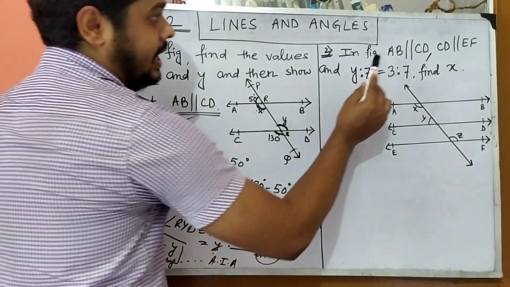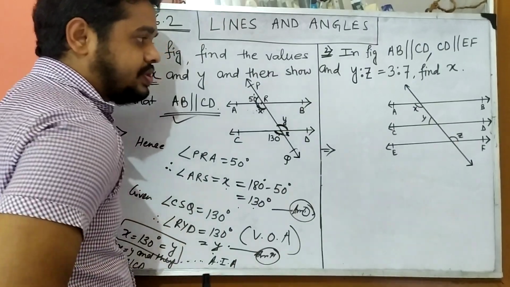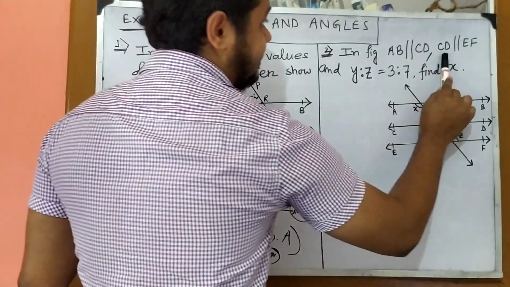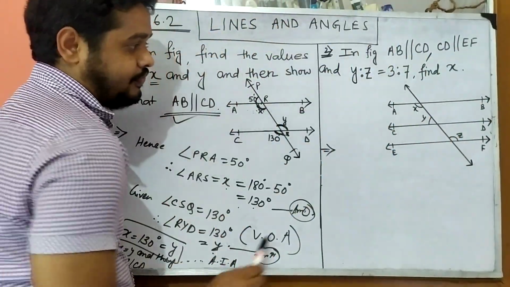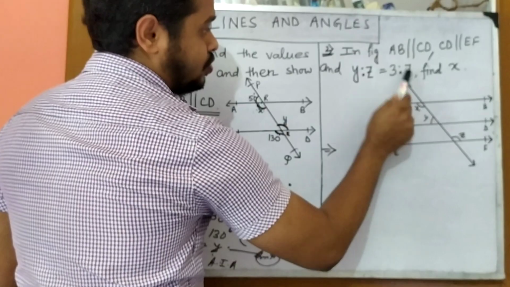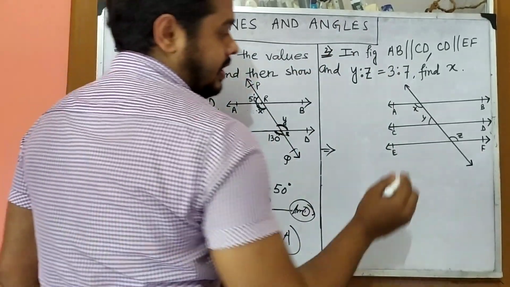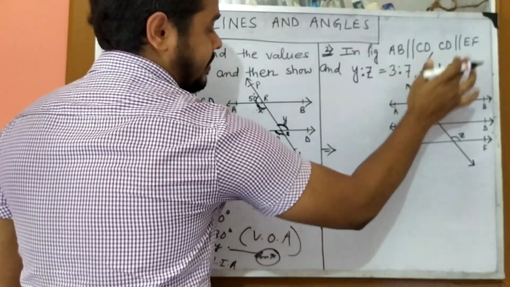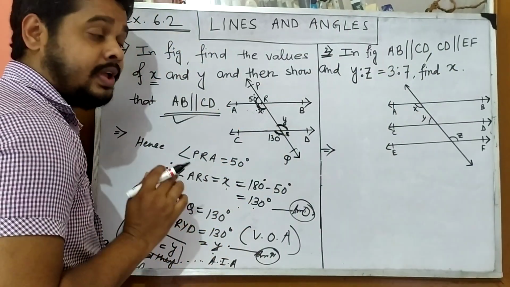In this figure, AB is parallel to CD and CD is parallel to EF. The ratio of y to z equals 3 to 7, given. We have to find the value of x.